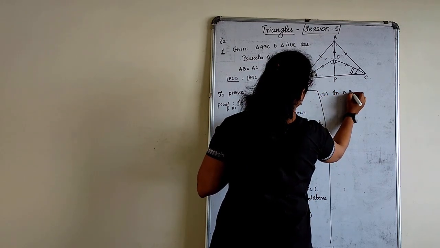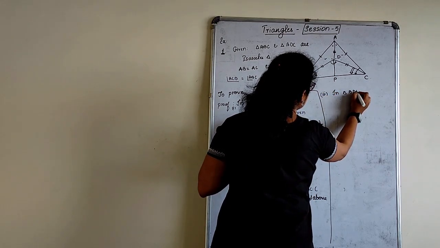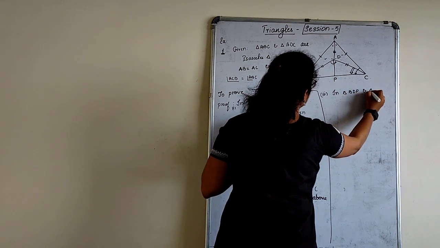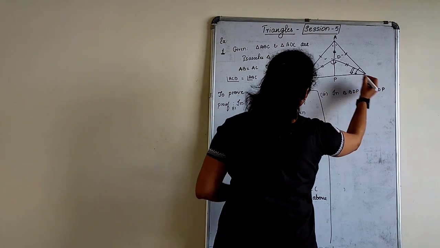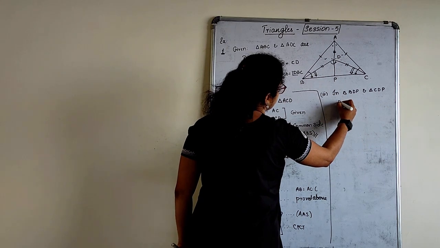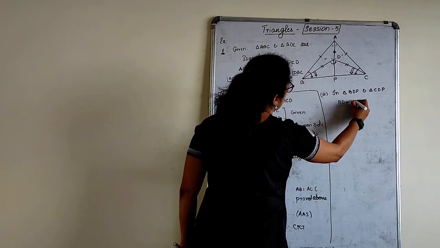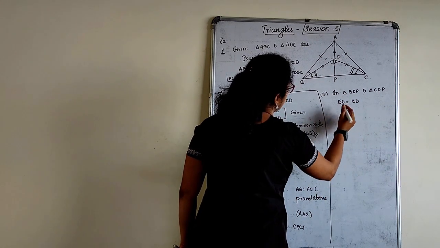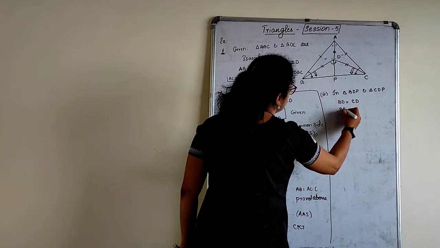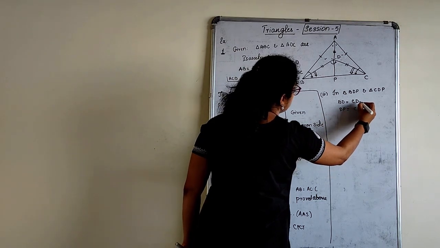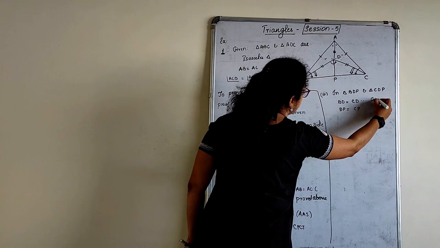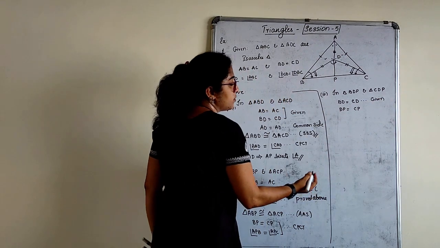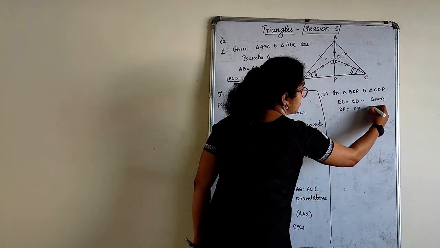In triangle BDP and triangle CDP, BD is equal to CD, given. BP is equal to CP, proved above.